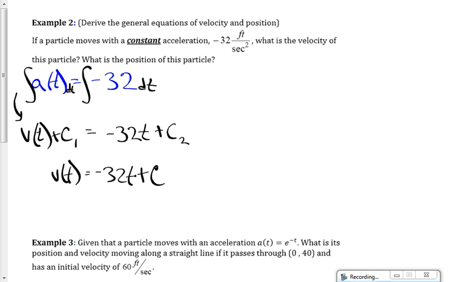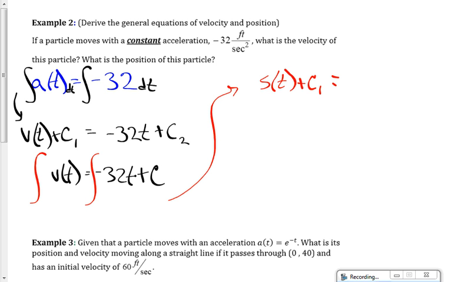Then how do I get from velocity to displacement? Integrate again. So to get to displacement, I do an antiderivative again. Antiderivative of velocity is s of t plus some sort of constant.